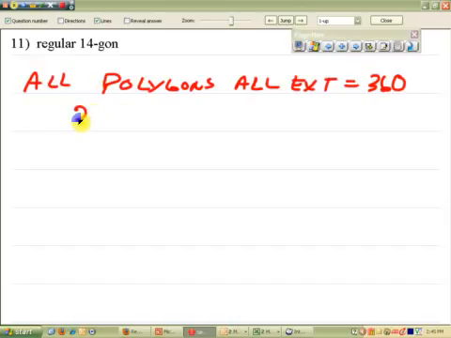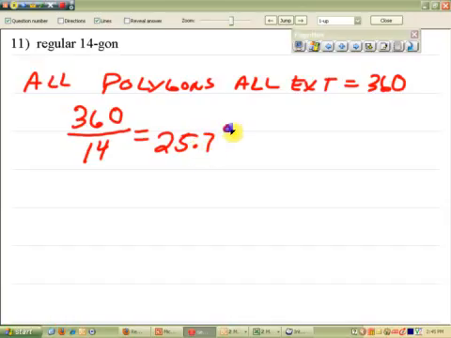So to find out how much one exterior angle equals from a 14-sided polygon, you take the 360 and divide by 14. In this case, you're going to get a decimal, 25.7. So each exterior angle in a 14-sided polygon equals 25.7 degrees.